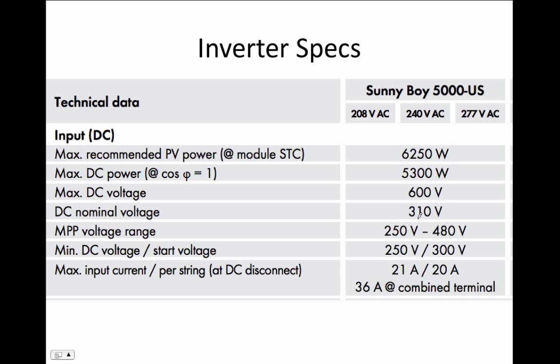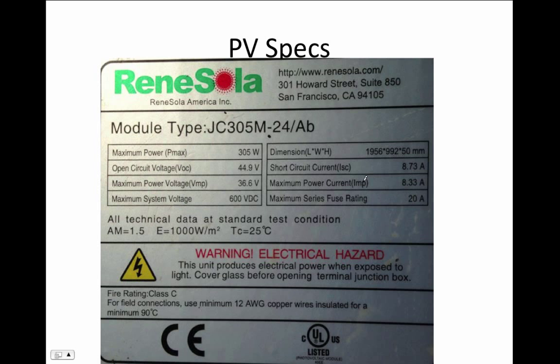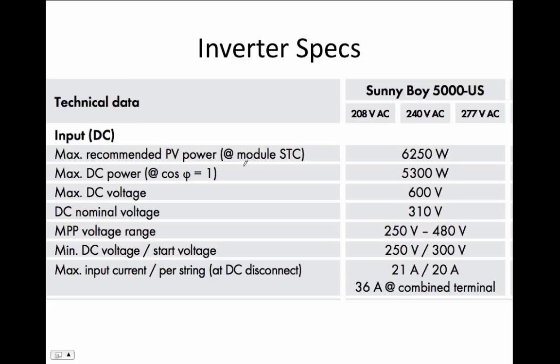Now the other thing we have to check is, do we exceed the maximum voltage? What we'd want to look for there is the open circuit voltage. It's 44.9. We have 10 panels. That's going to be 440 volts. The inverter can handle 600, so 10-panel strings would work for this inverter. That's the kind of design exercise you would go through.